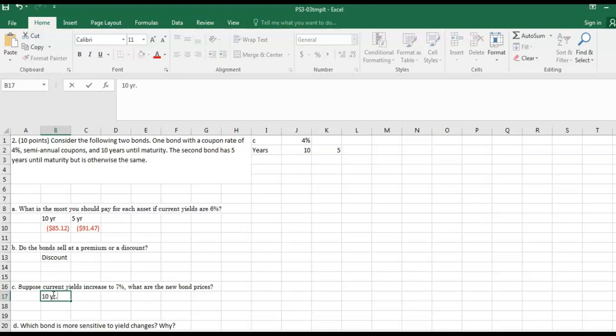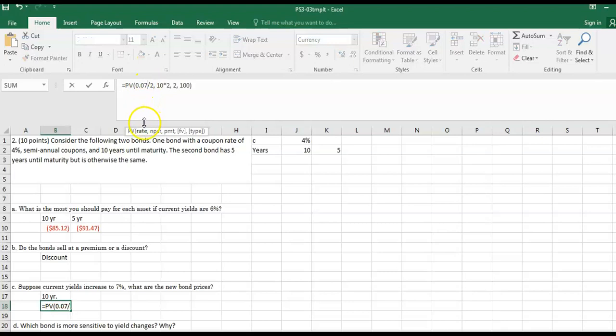Now this question asks, what happens if yields change? Again, we'll do this for our 10-year bond first, and I'm going to grab the formula here. Everything is the same except for one piece. There's no reason you couldn't just type all of this in. And now I'm going to change this to 7%.